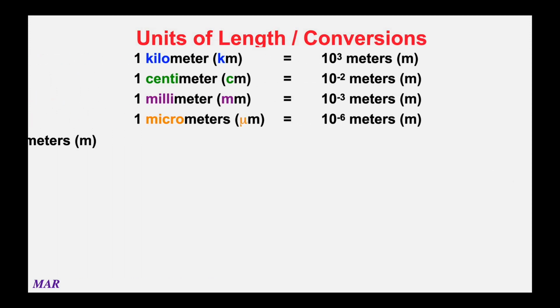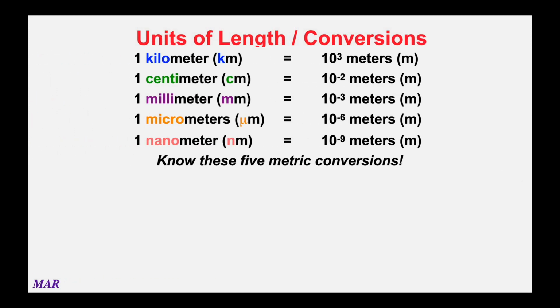There are many metric prefixes, and a lot of them you probably use all the time. In computers, a megabyte and a gigabyte and terabytes, those are all examples of metric prefixes. In chemistry, we don't use those as much, but here are the 5 metric conversions that you've really got to know for this class.